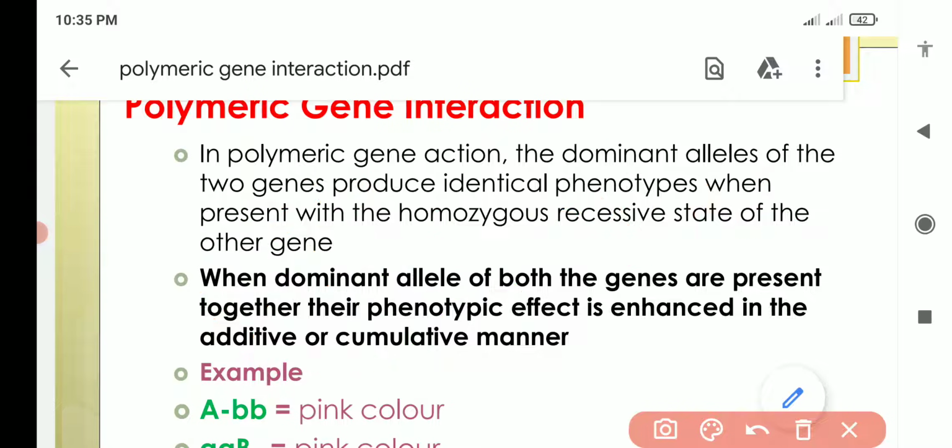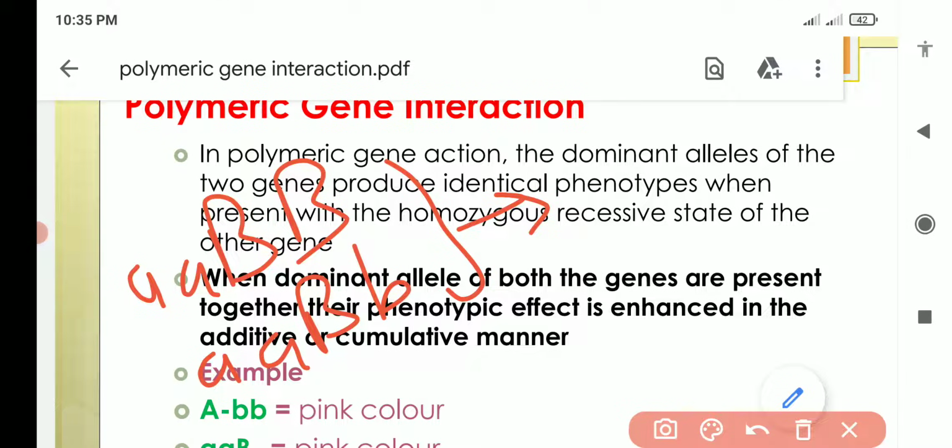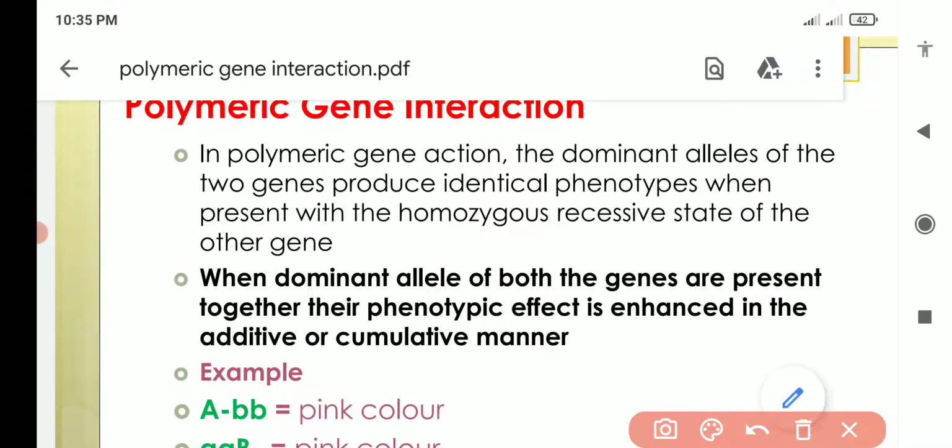So when small a is present with capital B or with capital B small b, it will also produce the pink color phenotype. So the dominant allele of both the genes will give us the same, identical phenotype when they are present with the recessive allele of the other gene.